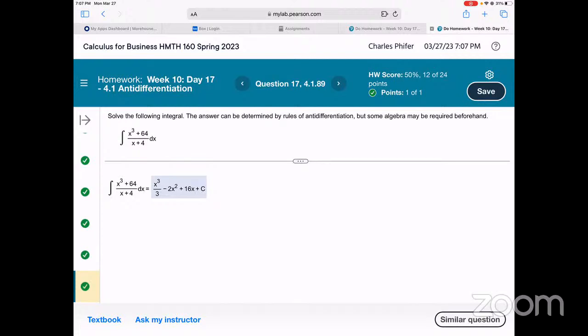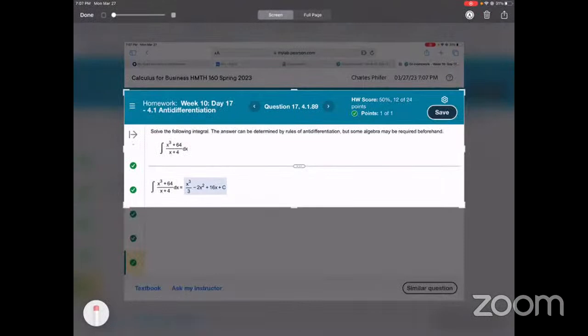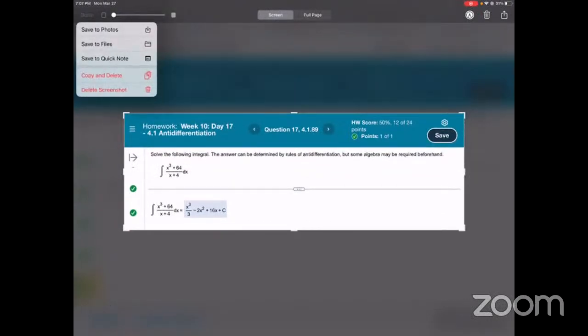Okay. Let me take some notes on this one. So I'll get a screenshot. Let's see. This is decent. Screenshot. We're going to copy and delete.